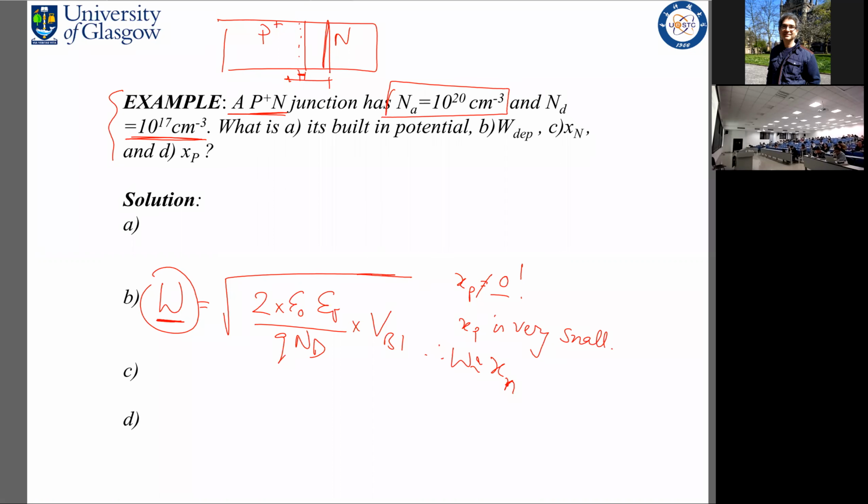If you are not comfortable with this shorthand notation, then use the full expression for the width of the depletion region. I believe the full expression is the square root of 2 epsilon naught epsilon r over q times 1 over na plus 1 over nd, times VBI.